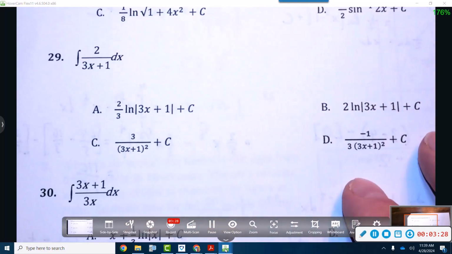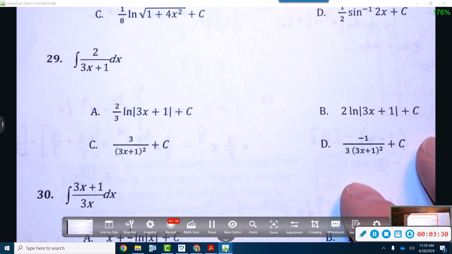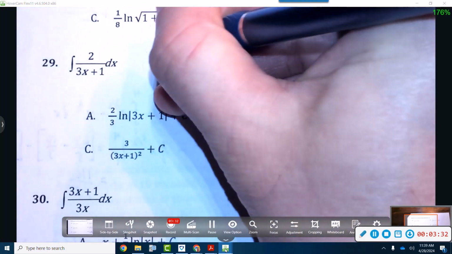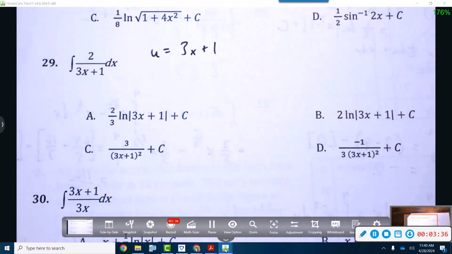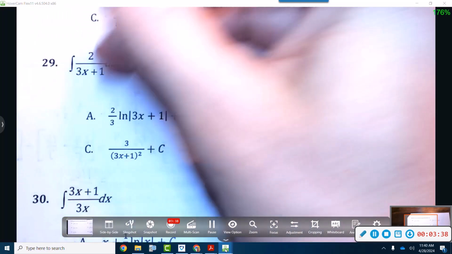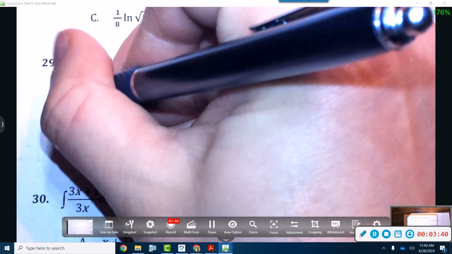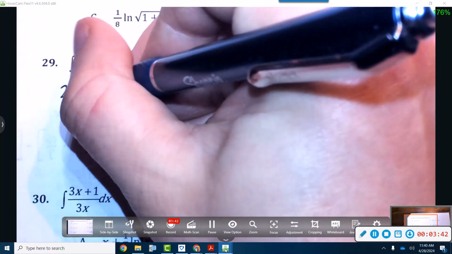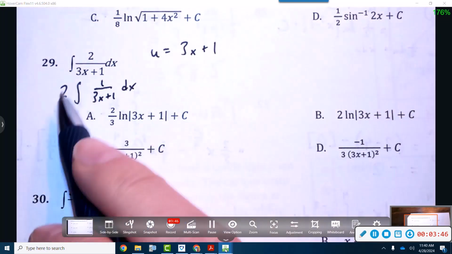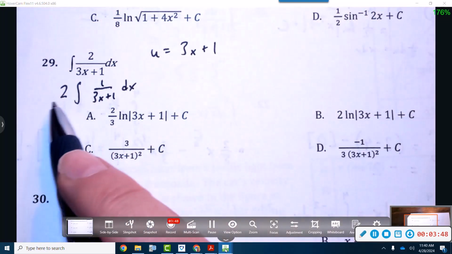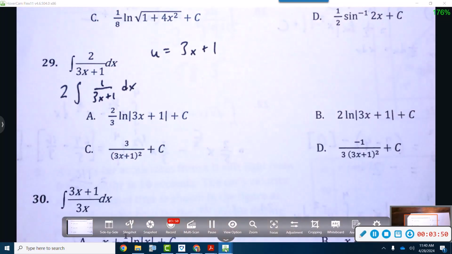Okay, now this guy looks like, well, we're going to have to do a u. U equals 3x plus 1. Let's take that 2 out of there, by the way. We can do this actually in one move. We don't even need a u situation for that. Okay, so we can literally ignore the 2 until the very end, okay?